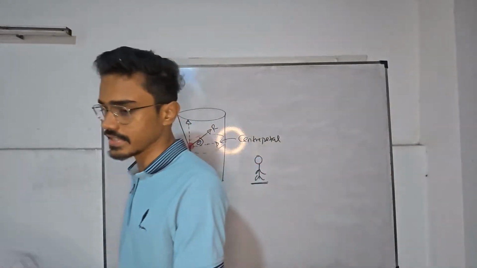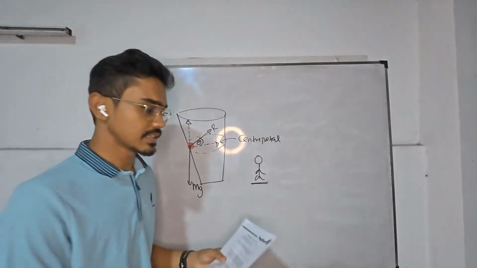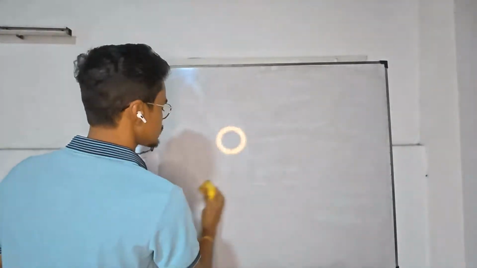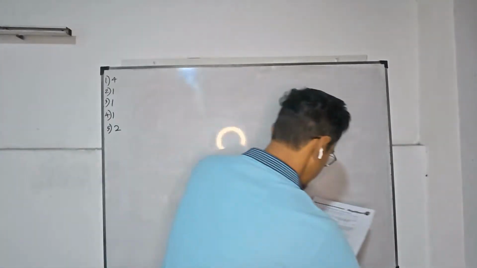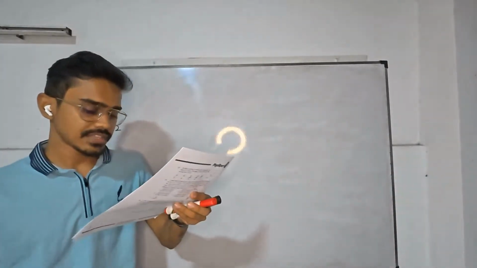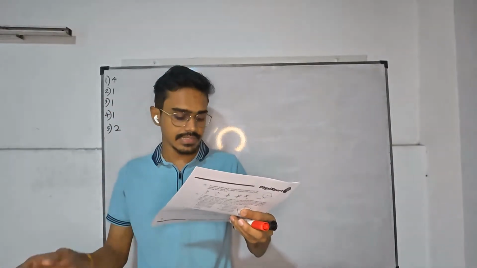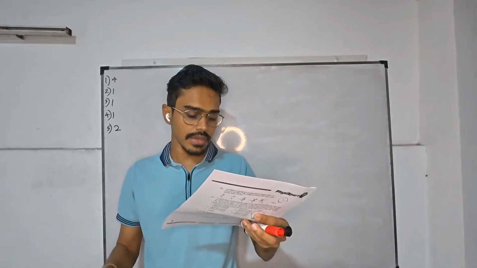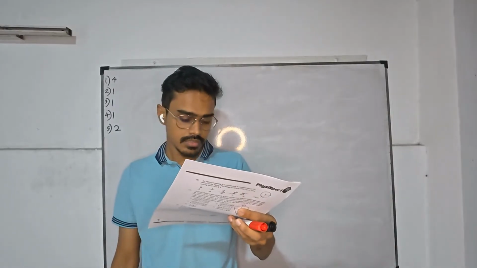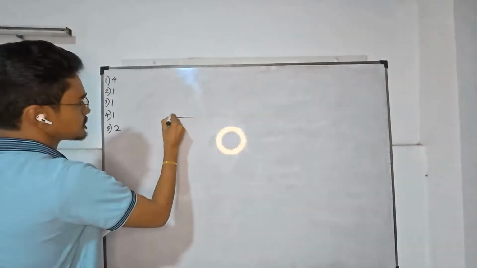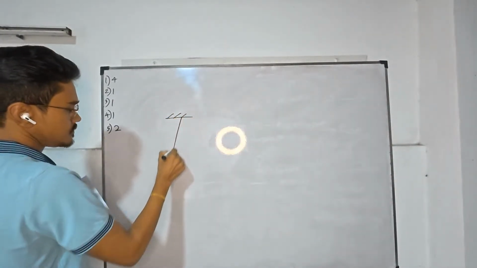Okay, moving on. Question 6. A child of mass 20 kilograms is sitting on a swing of negligible mass. The swing is attached to its pivot by 2 ropes, each of 3 meters length. Something like this, right?